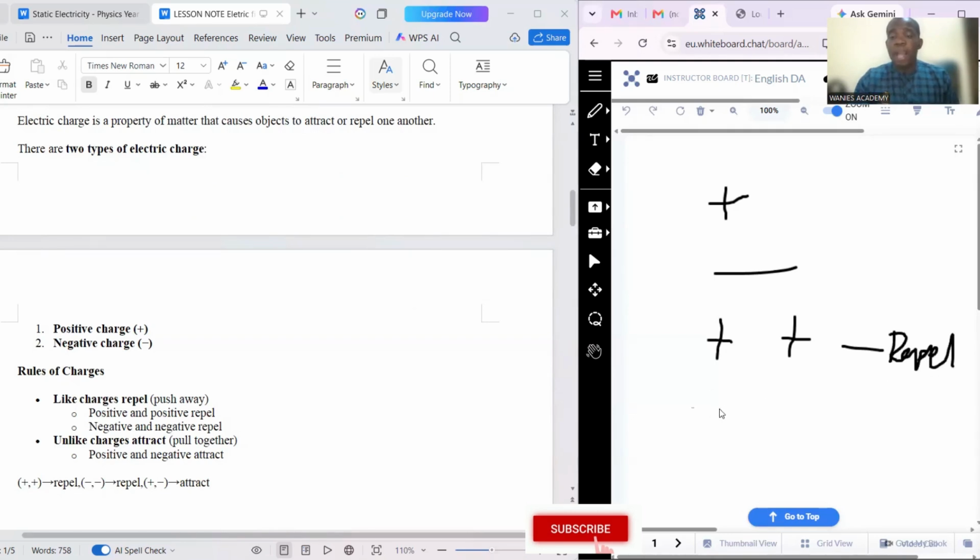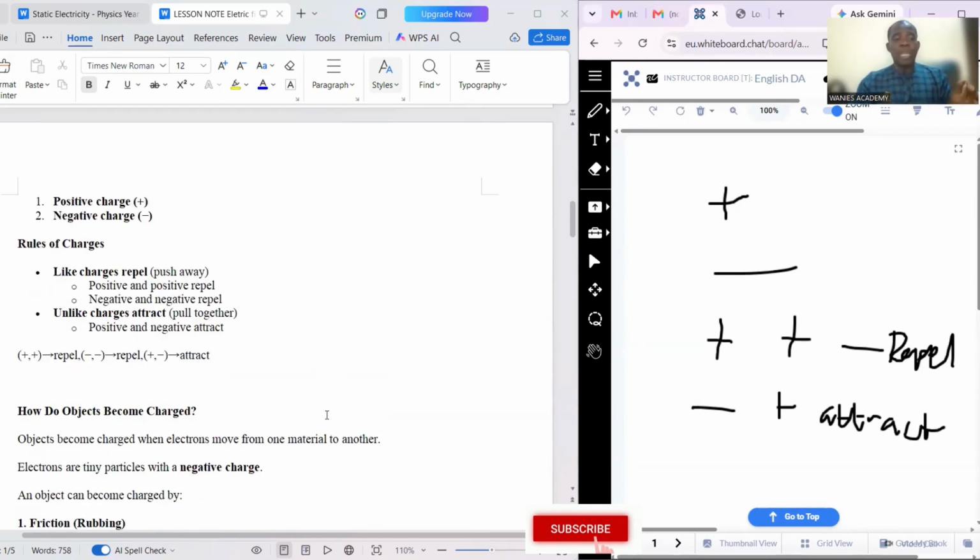So if I have a plus and a minus, it's going to attract. So this fulfills the law of charge. There will be attraction and repulsion depending on the type of charges that are coming together. That is what actually determines whether a charge will repel or attract.